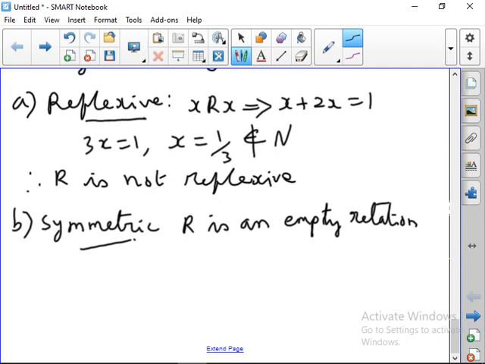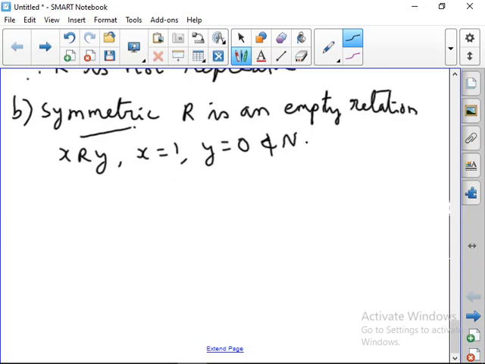Why is it an empty relation? Now we take x related to y. Take x is equal to 1; then y equal to 0, but 0 does not belong to N. Because x plus 2y is equal to 1 needs y to be 0 for 1 to come, but 0 does not belong to N. Therefore it is an empty relation.